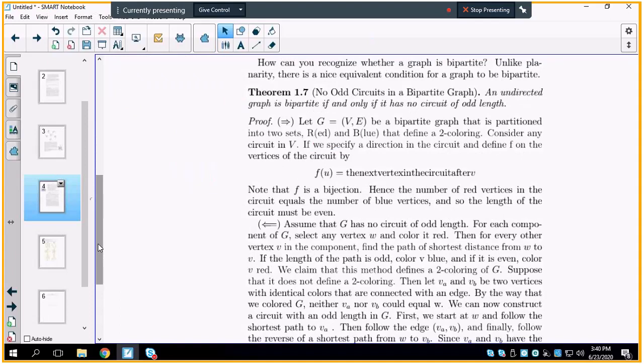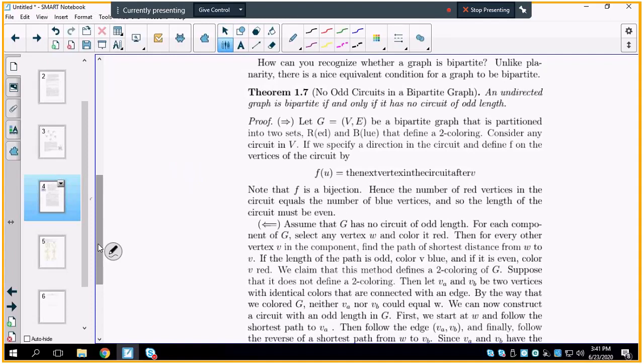So in theorem 1.7, we see that we have no odd circuits in a bipartite graph. An undirected graph is bipartite if and only if it has no circuit of odd length. And so again, we have the proof here of this theorem, but you're not required to be able to recreate the proof.